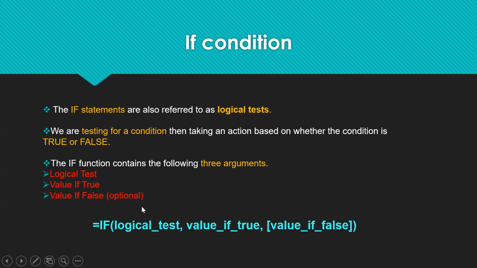The false part can be optional, but the if true condition should always be present. So the first input is the logical test, the second is a statement that executes when the result is true, and the third is for when the result is false. The third one is optional.